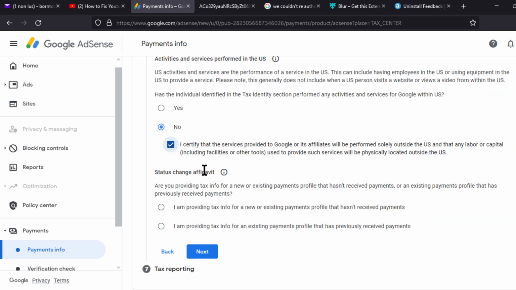Okay, too much. Are you providing tax info for a new payment profile that hasn't received payment, or an existing payment profile that has previously received payment? I don't know. You've not paid me my correct money for the past 3 months now. That's all I know.